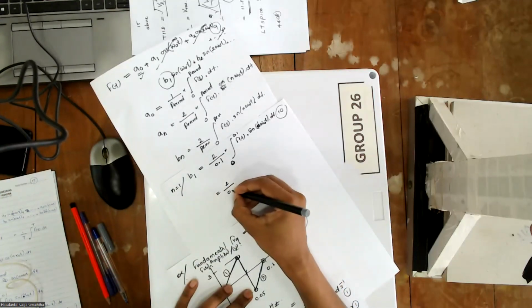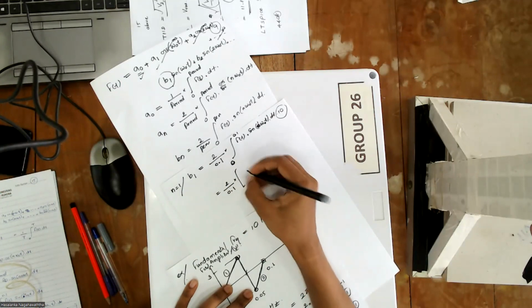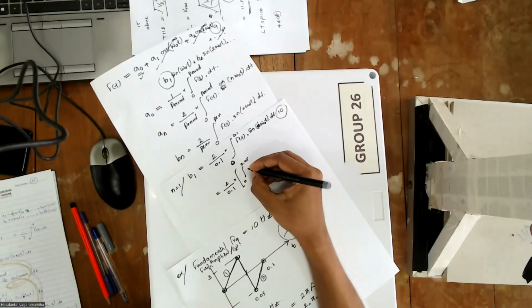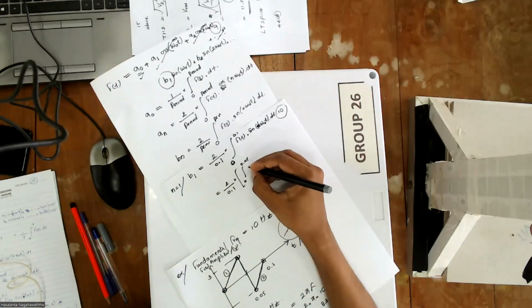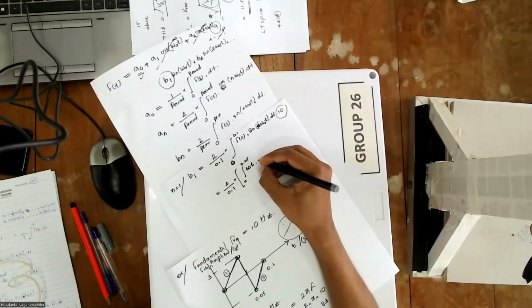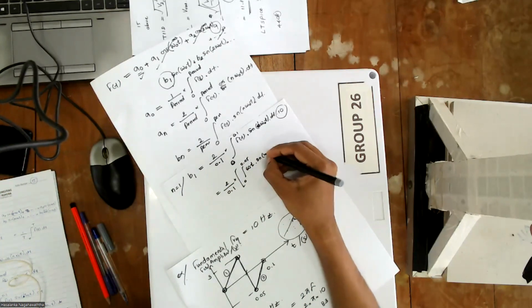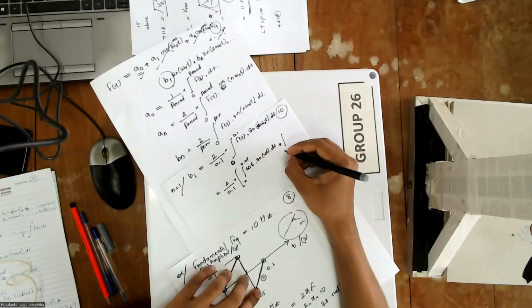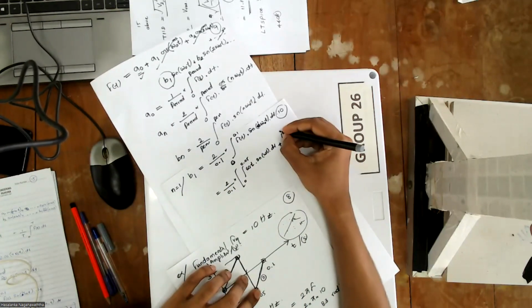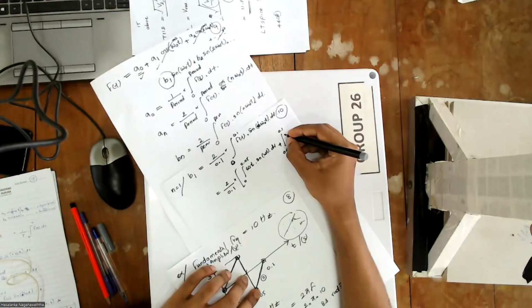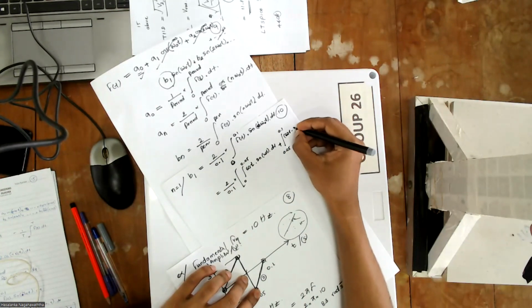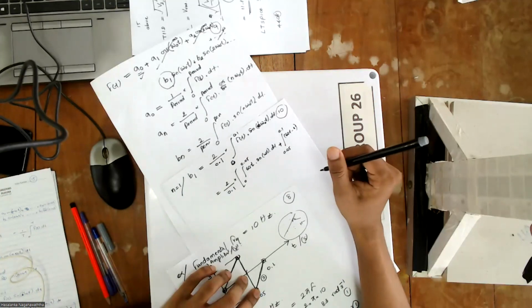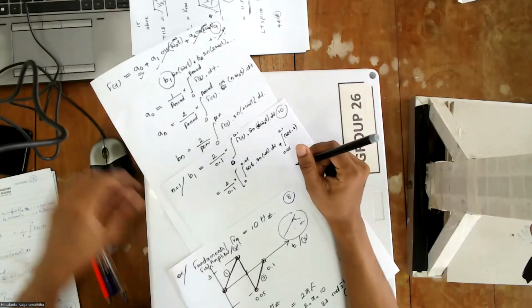So 2 over 0.1, integral 0 to 0.05 of 60t sin omega t dt, plus integration from 0.05 to 0.1 of 60t minus 6.